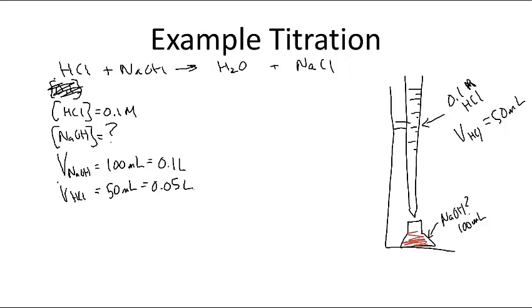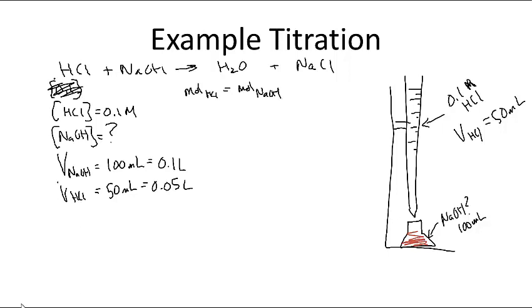Now, some of you might be able to immediately calculate the concentration of NaOH using the logic that I only need half as much HCl as NaOH, so my HCl must be twice as concentrated. But I'm going to walk you through the math. At our equivalence point, moles of HCl equal moles of NaOH.